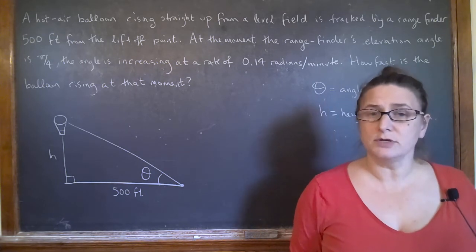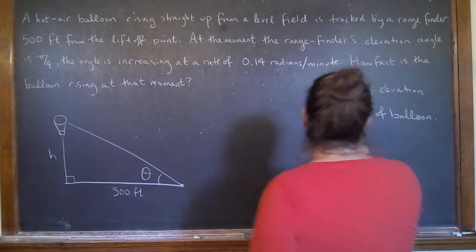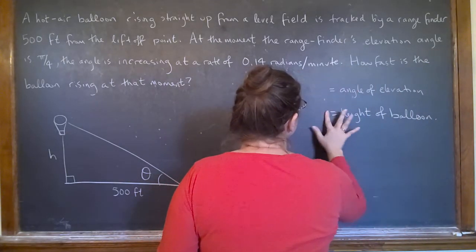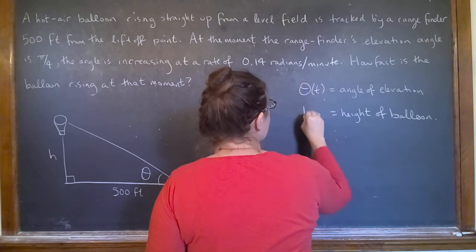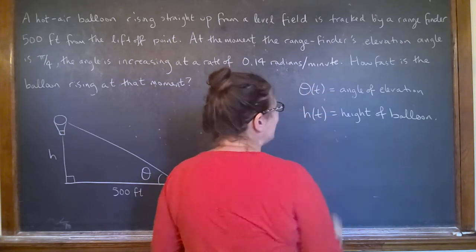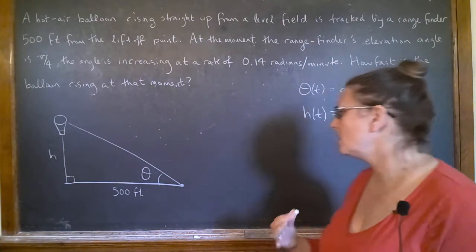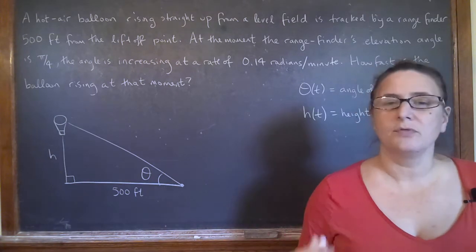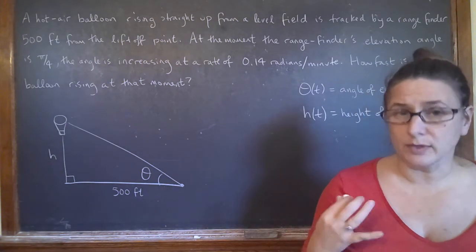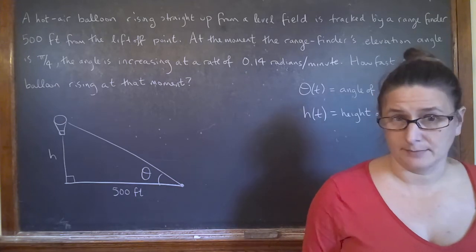So we think about them as quantities which are dependent on time. I can really write this as theta of t and h of t. So I think about the variables not as dependent on each other, but as related. Obviously, there's a relation between them, but they're both changing with respect to time.